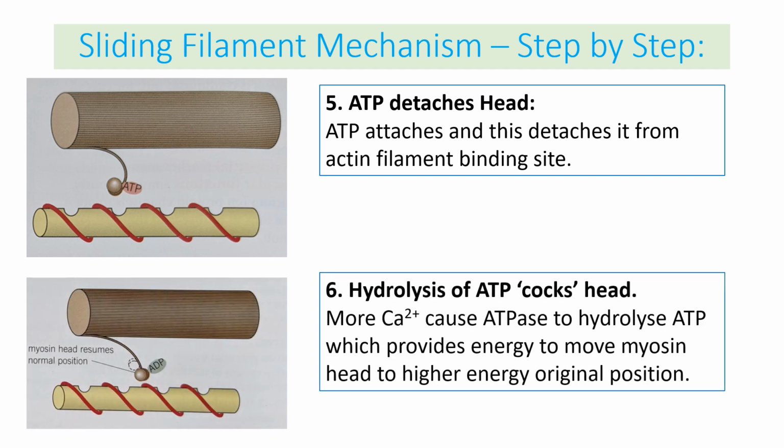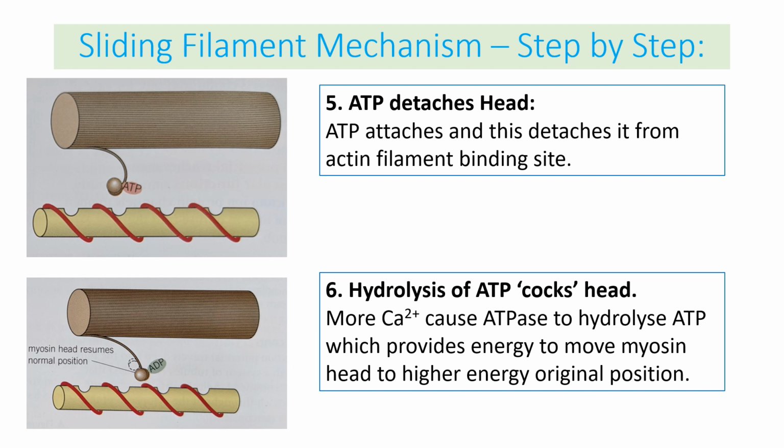We then hydrolyze the ATP, breaking it down into ADP and inorganic phosphate, and that cocks the head or reloads the head, however you want to say it, of the myosin head.